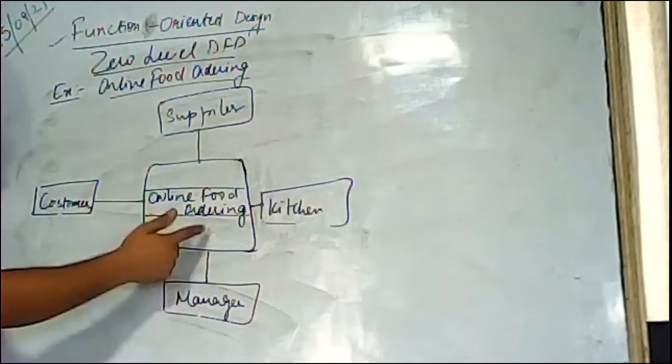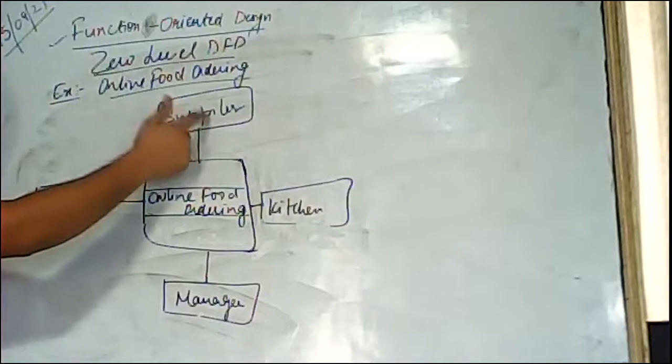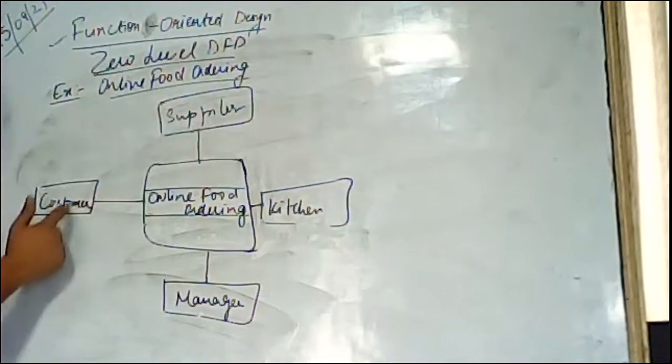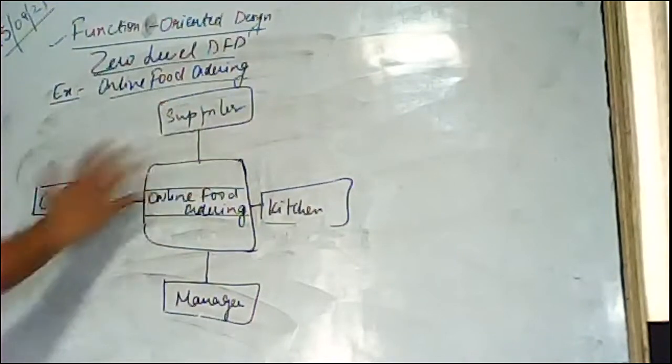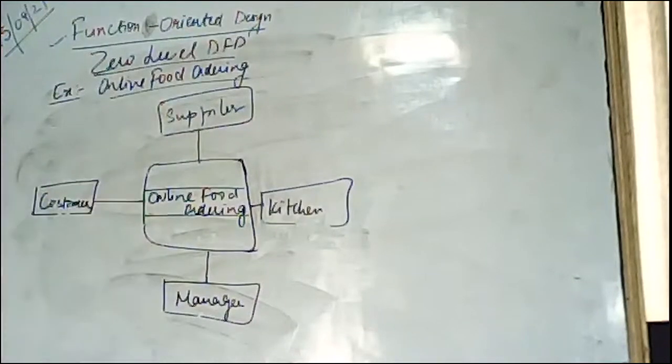Manager will give instruction to the supplier to supply the product to the customer. This is the brief overview of your project. In this only one process is used, which is why it is called zero level as well as context level.